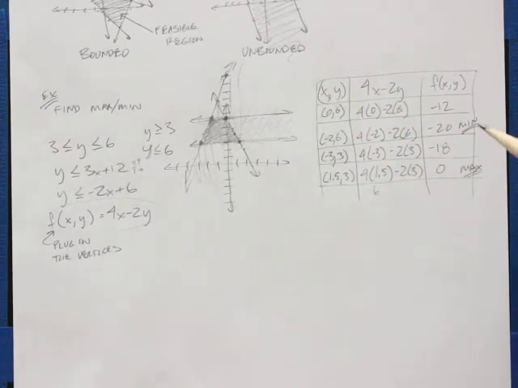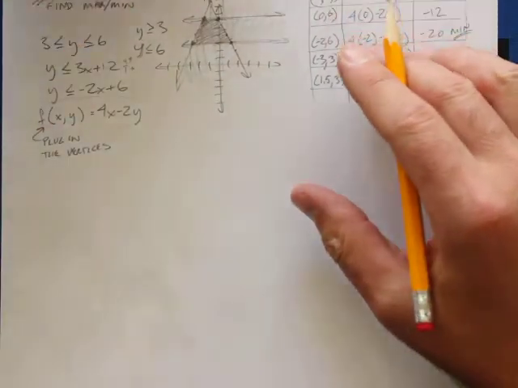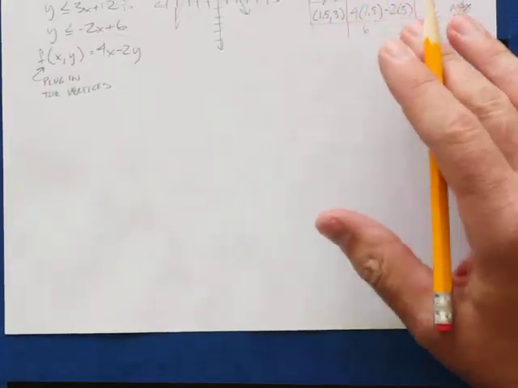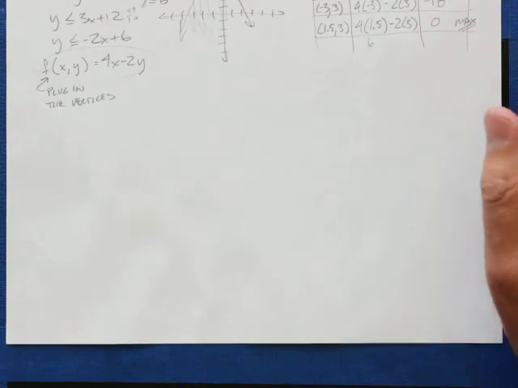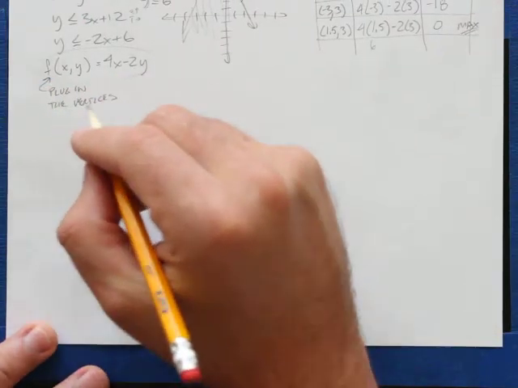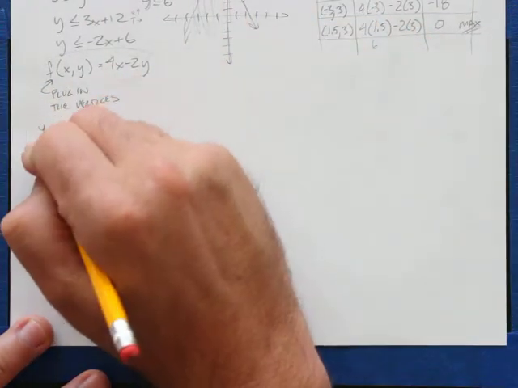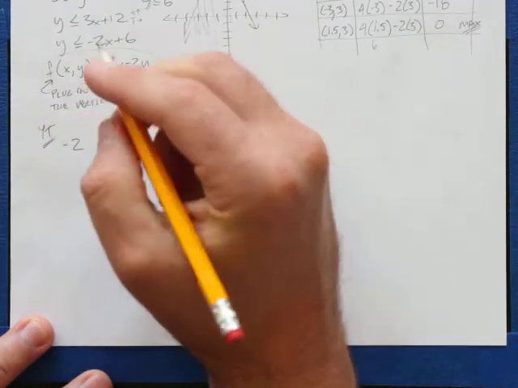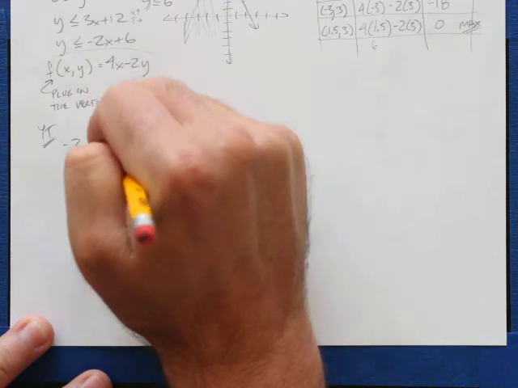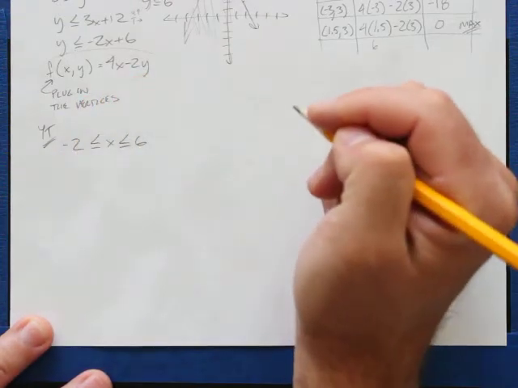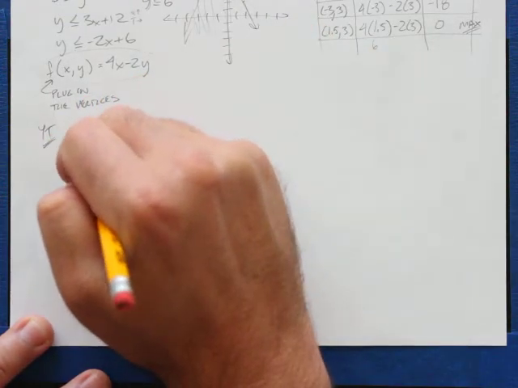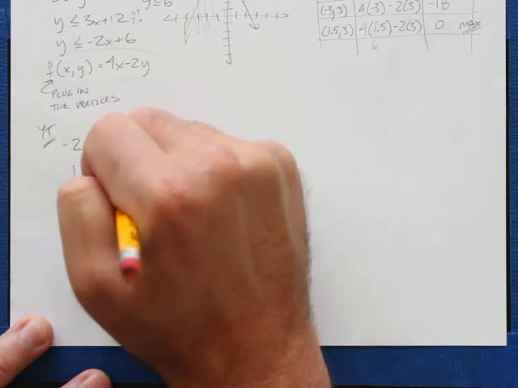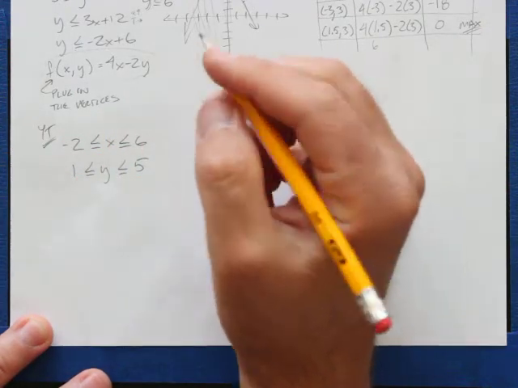So we're going to do another one together, and then we're going to do one that's unbounded, and then we'll be all set. So this would be a U try, but if you want to do it on your own, that'd be great. Negative 2 is less than or equal to x is less than or equal to 6. 1 is less than or equal to y is less than or equal to 5.